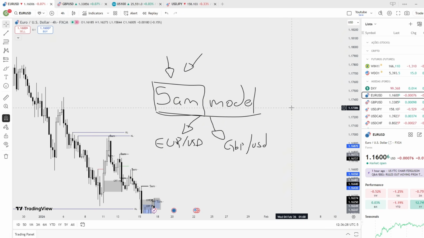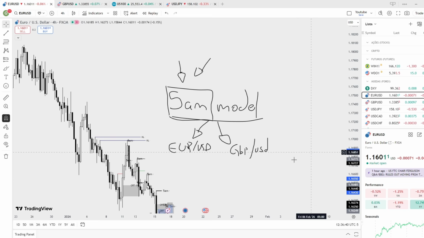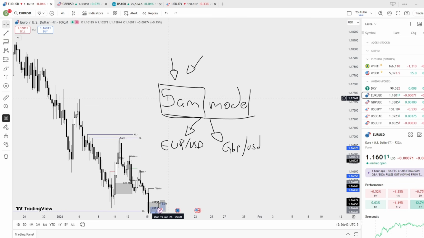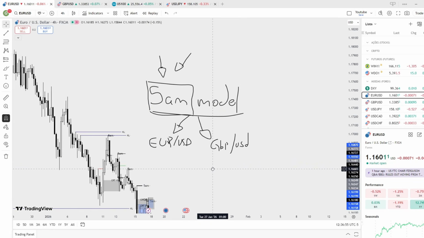We don't want to trade gold, or dollar yen, or CAD, or Swiss franc, or whatever, okay? You don't trade those with the 5 a.m. model, because the 5 a.m. model is a specific time window for these two assets. So these are the two assets that we're going to trade in this course, right?